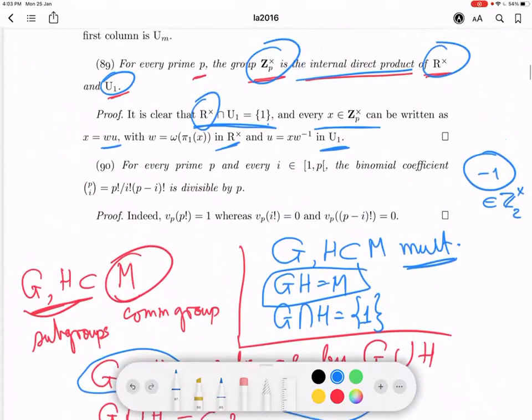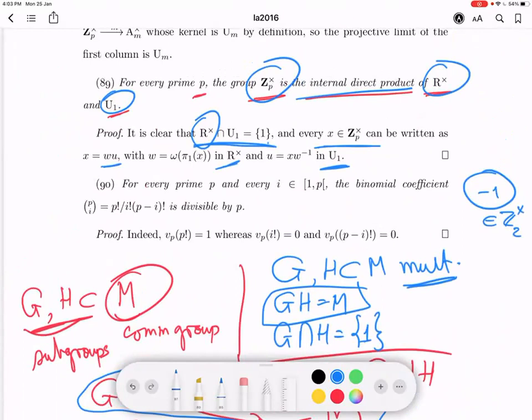So this is also absolutely obvious. I mean, you take X and you want to write X as W times U. We take W to be omega of pi 1 of X, and you just take U to be X W inverse. So this has to be in U1.